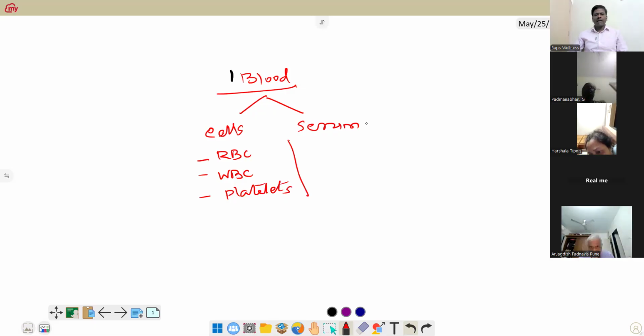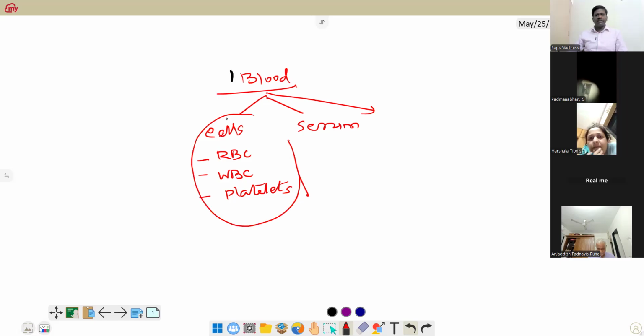Besides this, they have got so many other items, like proteins, water, all the nutrients, whatever is there to be transported to and from the cell. Everything will be there in the blood. We are concerned mainly with the cell items.